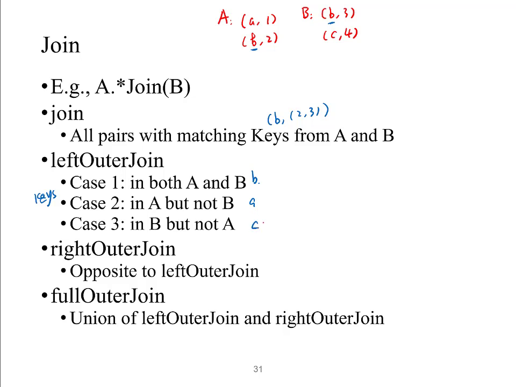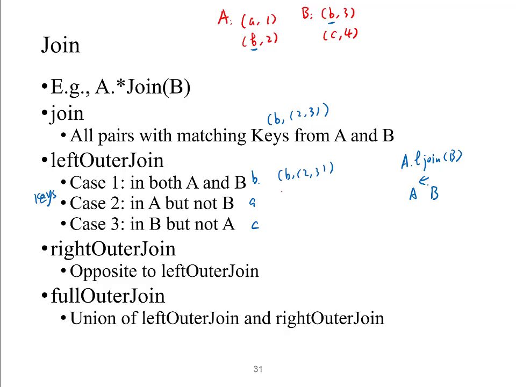So for left outer join, this left means because we are doing A left join B. So left join is kind of something like this. You kind of merge B into A. So what you care about is the keys in A, but not the keys in B. So for the first case, it's okay. You would still have B, 2, 3 here.